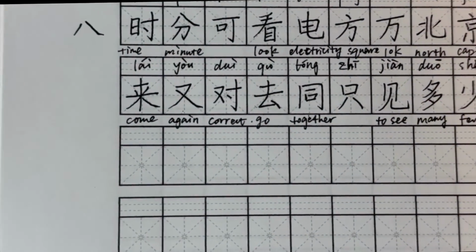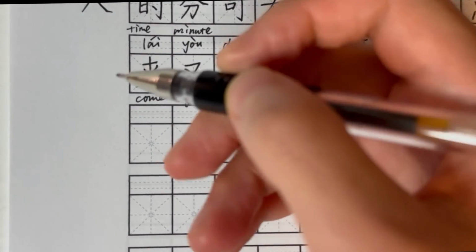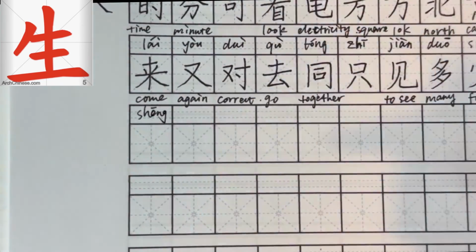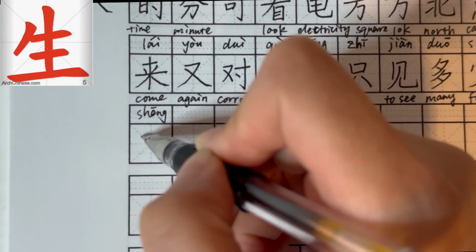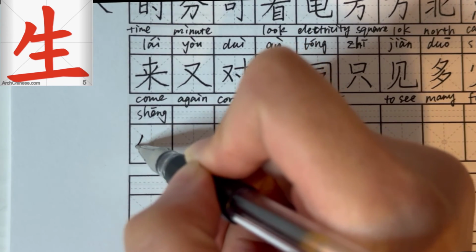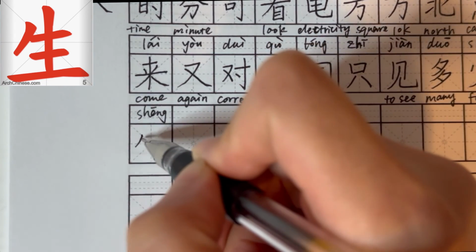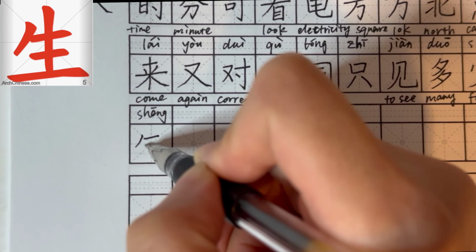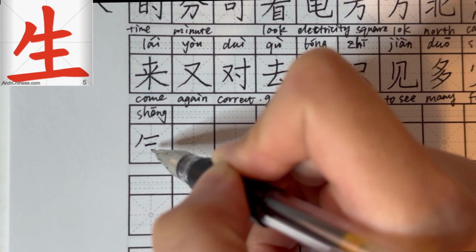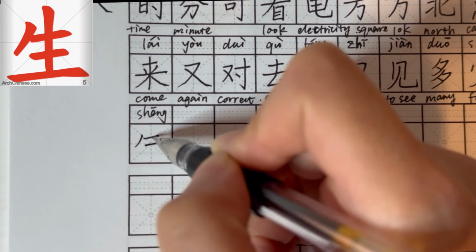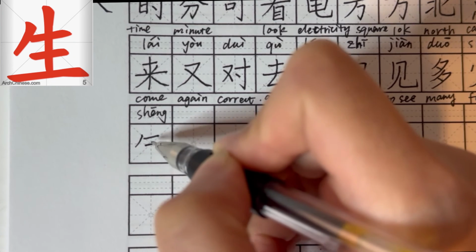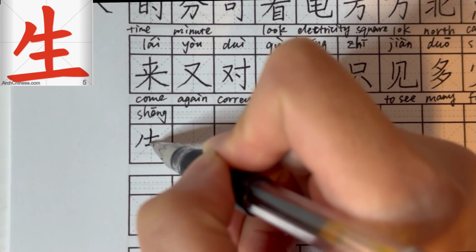Almost there. All right, next character, also a simple character, 声. First stroke, 撇. 横, second 横 shorter, since the vertical 竖 does not go all the way down beyond the last 横, so we write 竖 first.